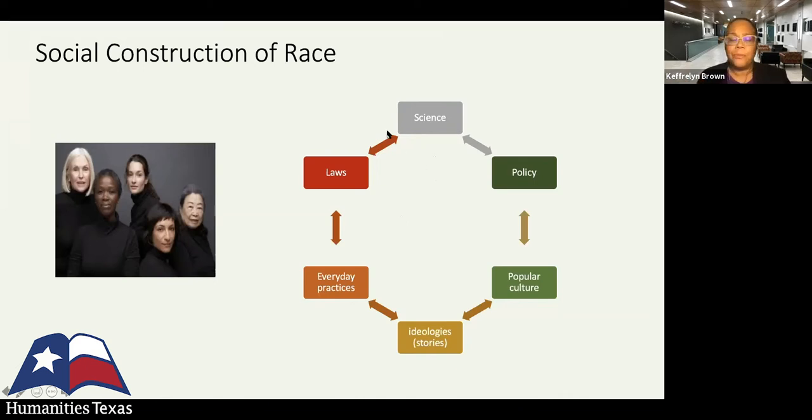Popular culture, film, advertisements, television, these are all places where we see race operating. And then it's also in the everyday practices, how we treat one another, how we engage one another, and the stories that we tell about each other. Those are all ways that our society affixes a racial meaning. Next slide, please.